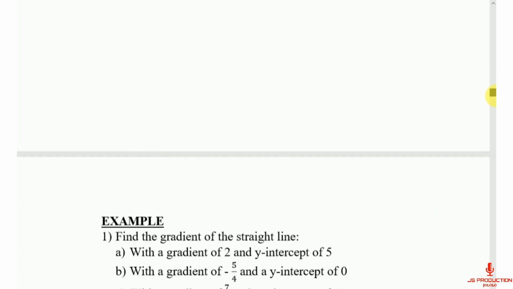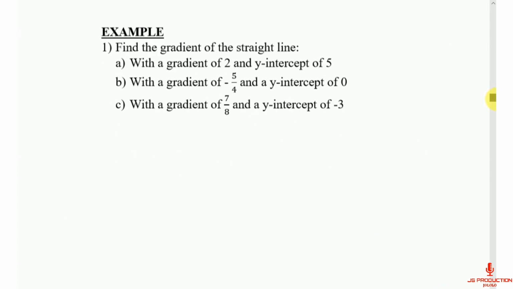Let us now look at the examples. Example 1 reads: find the equation of the straight line with a gradient of 2 and y-intercept of 5.